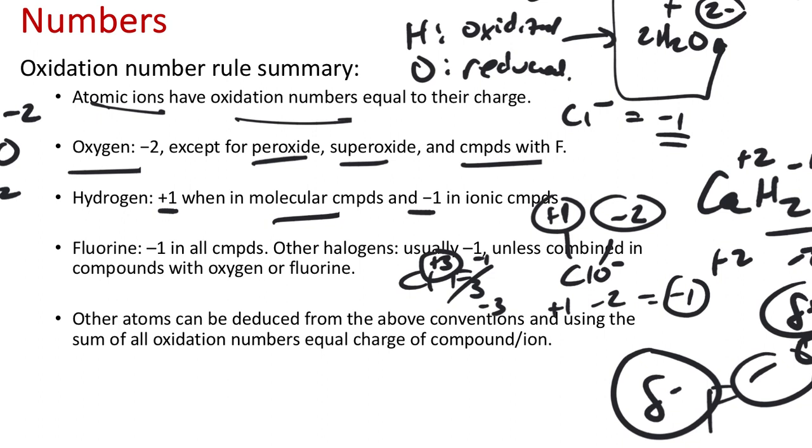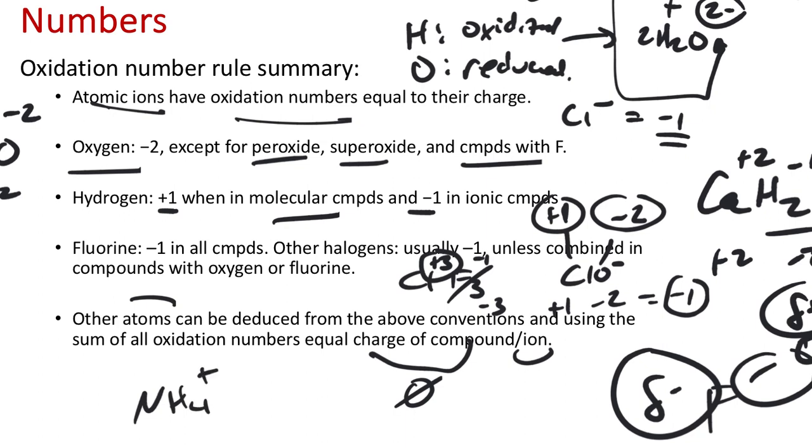And then we should be able to deduce other atoms by deduction. We're just using the idea that we can add up all the oxidation numbers, taking into account the formula, to get the charge of the compound or the ion: neutral if it's a neutral compound, or whatever the charge is if it's an ion. Another example, NH4+.